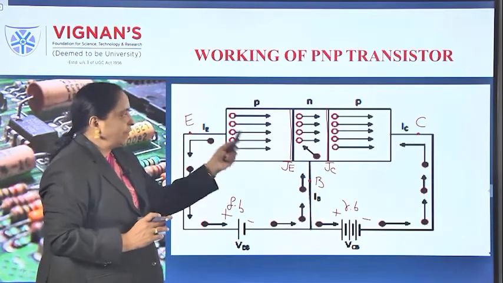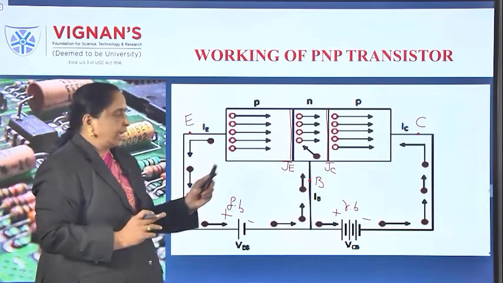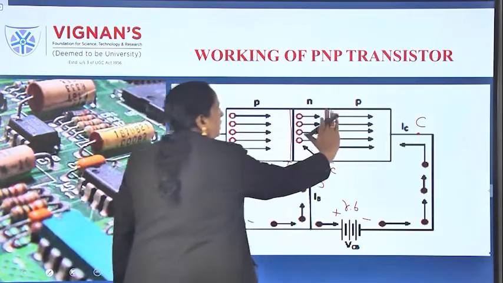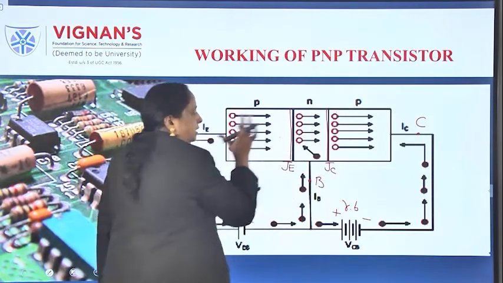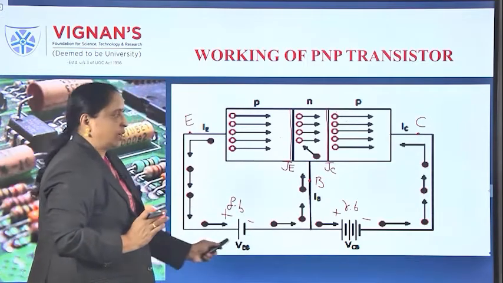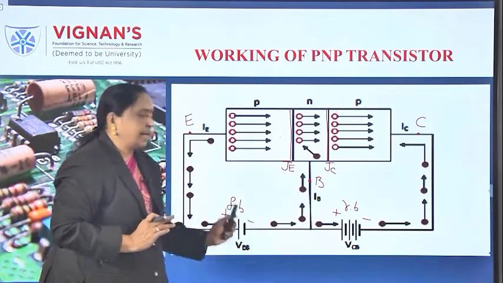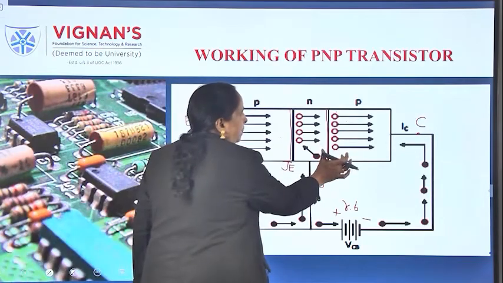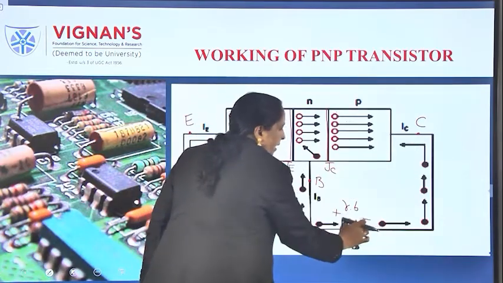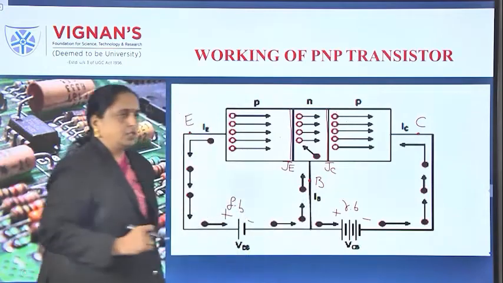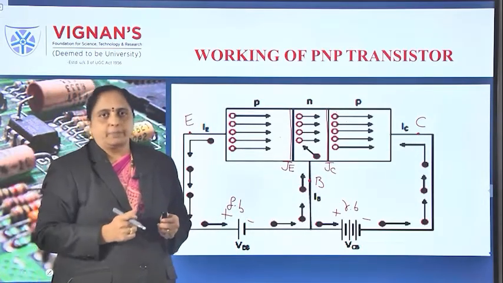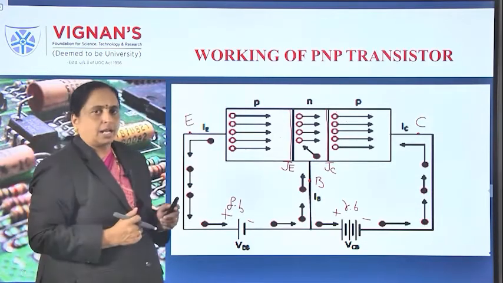So, for proper working of a BJT, the emitter junction JE must be forward biased. If you assume this construction as a PN junction diode, P positive, N negative is forward bias. And the collector junction is reverse biased: again this is a PN material, P negative, N positive. Now let us see the operation of a PNP transistor after giving the connections.